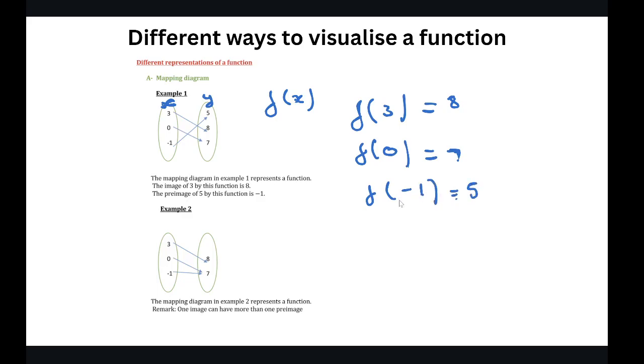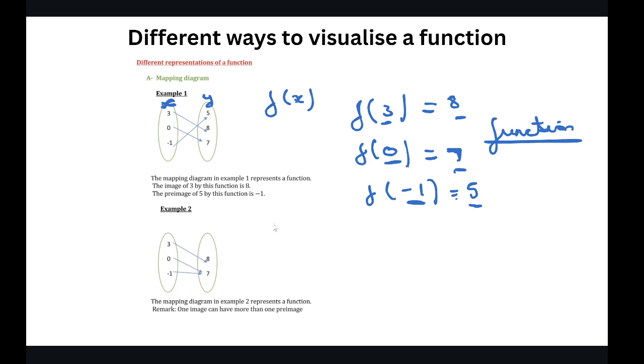Now you see here for each individual unique input that we have, -1, 0, and 3, we have gotten a different output, 8, 7, and 5. So that means that every single x value has a unique y value. So f of x can be classified as a function.